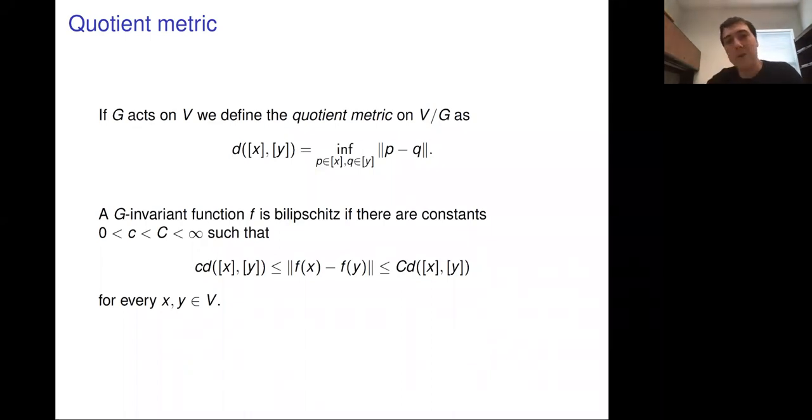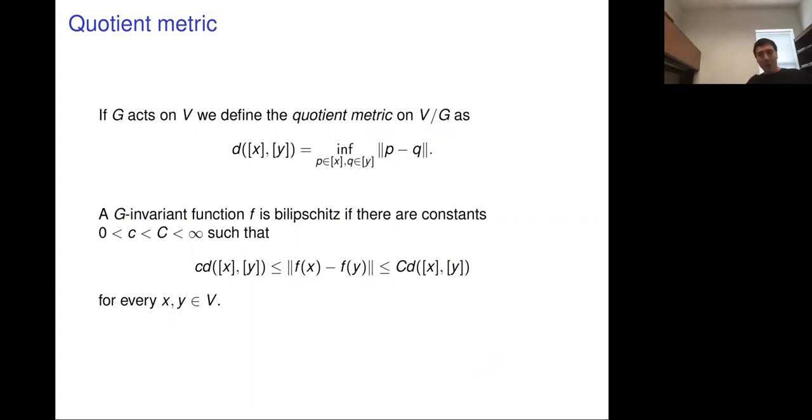Once I've equipped V mod G with this metric, I can talk about what it means for a function to be bilipschitz with respect to this metric. That's what I have down on the bottom. Notice I'm abusing the notation in the way I said before. F itself takes in an X and a Y, whereas the distance is on the orbits of X and Y. So F itself will not be bilipschitz in this sense, because it's not injective: it's sending an entire orbit to the same thing.